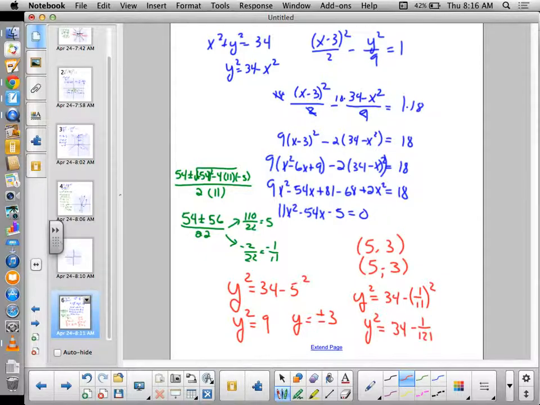So 33 and 120/121. And take the square root of that and do a plus or minus on that too. We wind up with x equals negative 1/11 and y approximately 5.83 and negative 5.83 when we decimalize that. Okay?